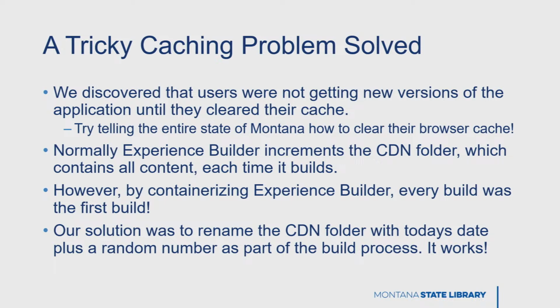So it wasn't doing that. It came around to bite us, but our solution, which worked, was to put today's date with a random number after it on the CDN folder, and that way it's guaranteed to be different and the browser will fetch it. So sometimes those clever browsers come around to get us.